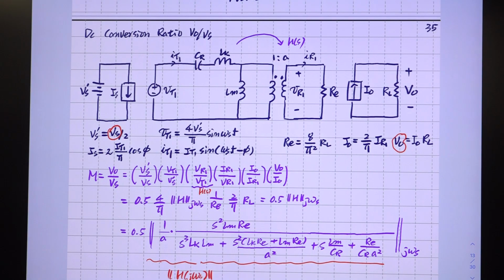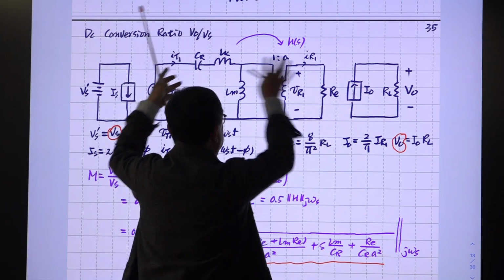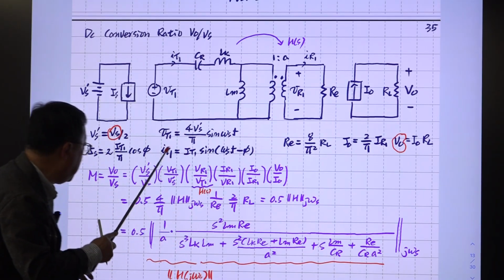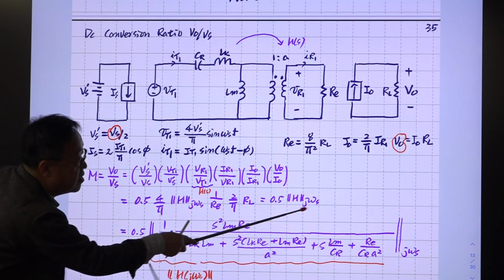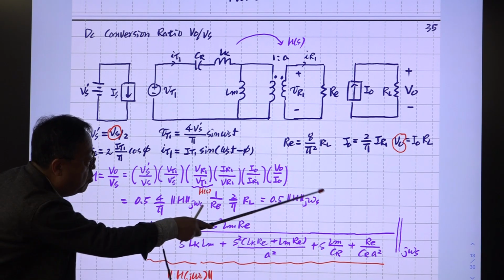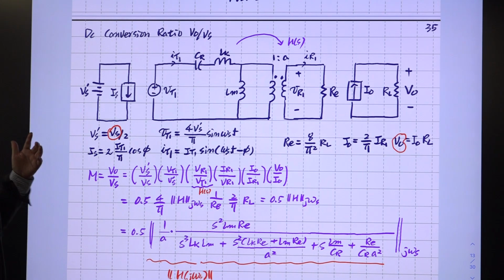Right? Or you directly relate the magnitude of this, and so on. Right? So you skip all this procedure, and the remaining part is this one. Okay? AC response of this tank circuit. And we have a factor of 0.5 because this is half bridge, right?